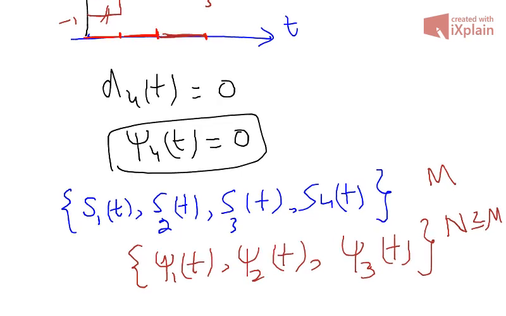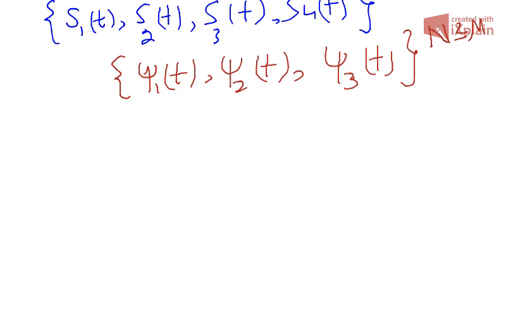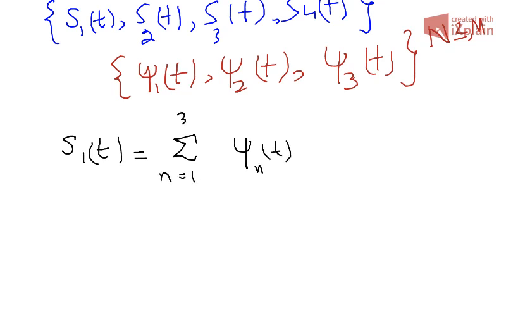You can use the previously obtained result: your S1 of t, you can always write this as a linear combination of all these basis functions psi n of t, where n is now from 1 to 3, and you have S1n, right?